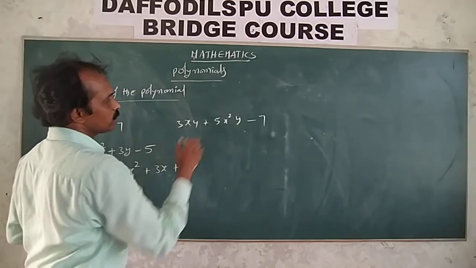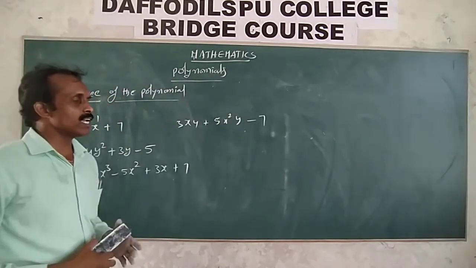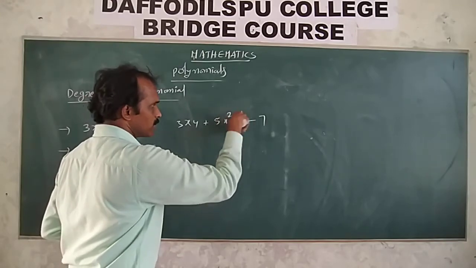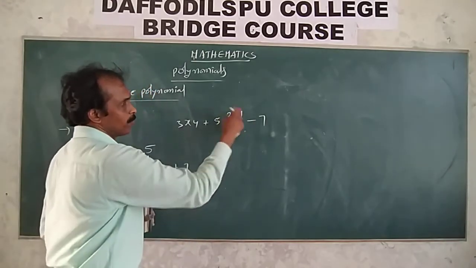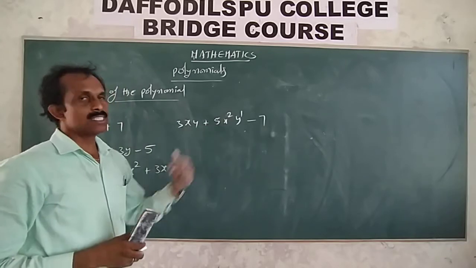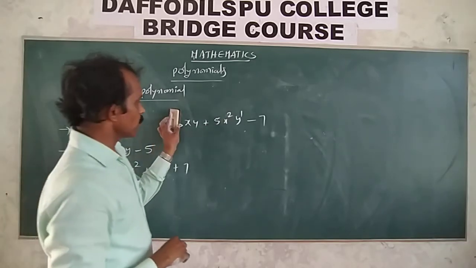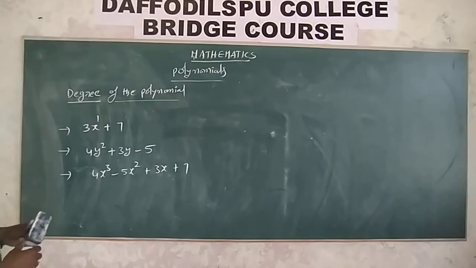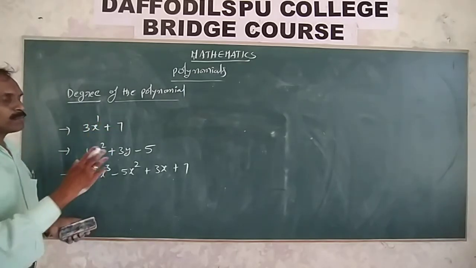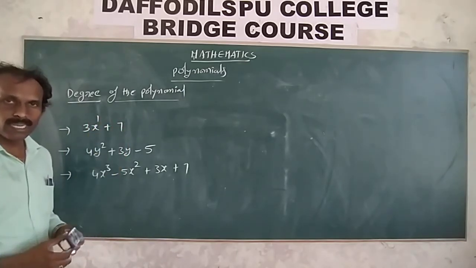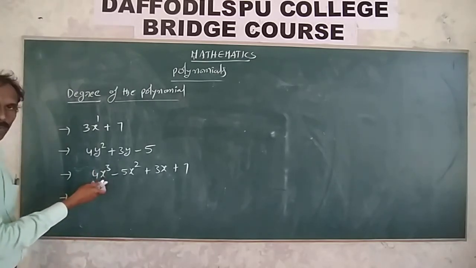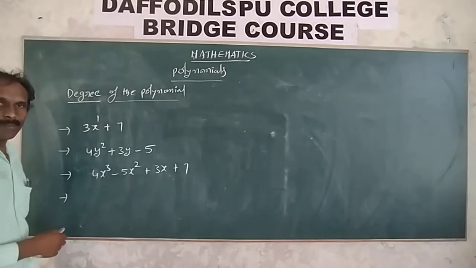In this, what is the degree of the polynomial? Here x square has 2 plus 1, that is 3. So its degree is 3. Like that, when a combination of two variables is present in the polynomial, the sum of its powers is considered its highest power. Right. This is a cubic polynomial or third degree polynomial.